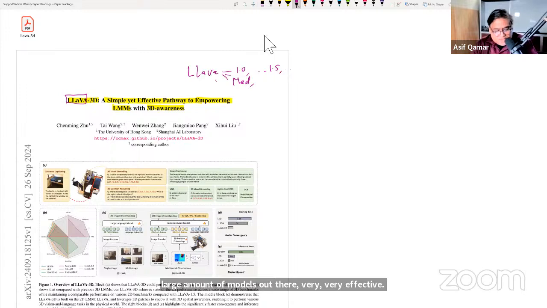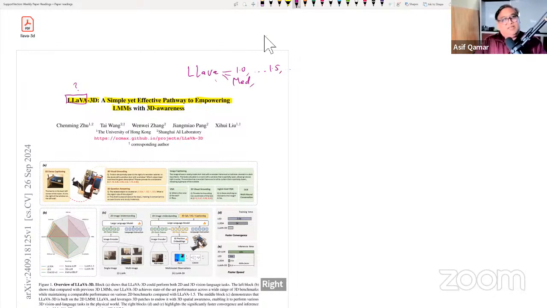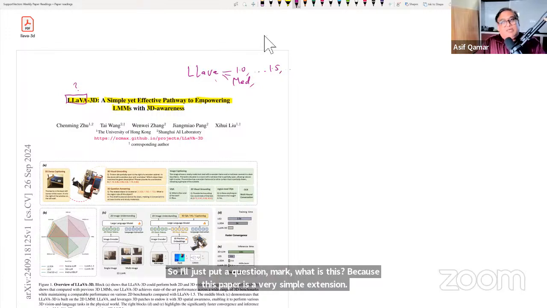So obviously the right way to do that is to first build up a little bit of a history, a little bit of a background in LLaVA itself, which we will do shortly. Because this paper is a very simple extension of LLaVA, but nevertheless a very powerful extension.